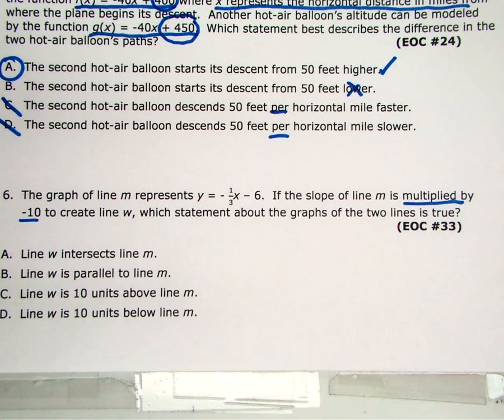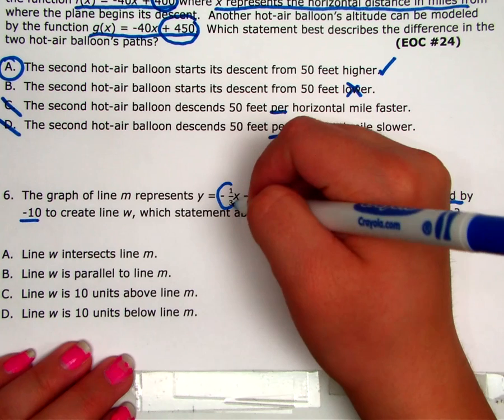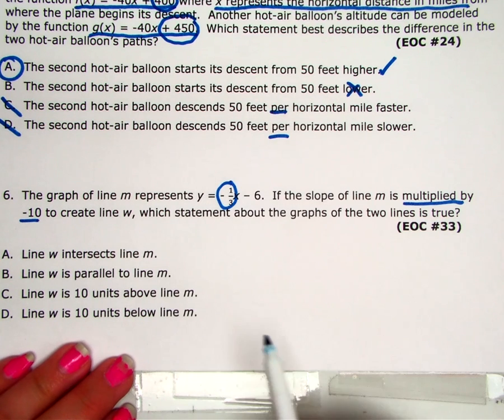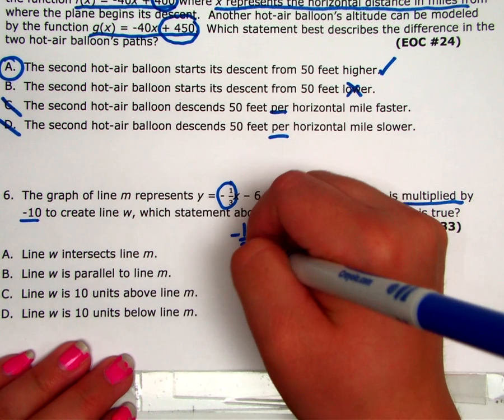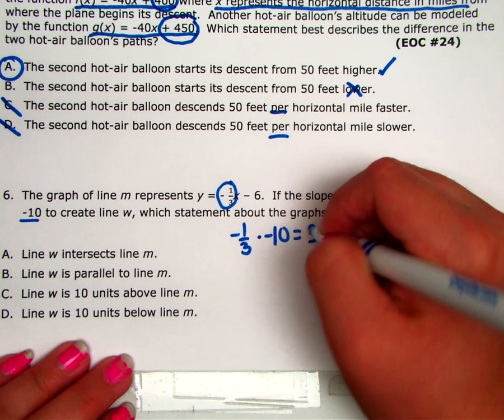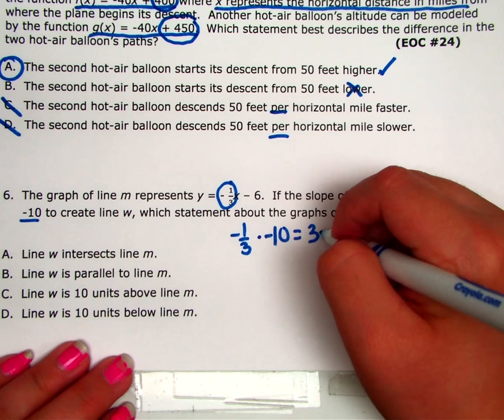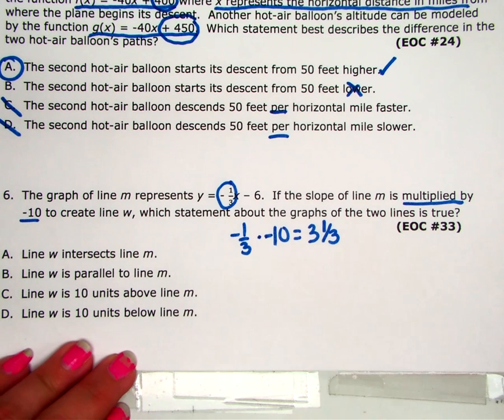We know we're going to multiply our slope by negative 10, and our slope was negative 1/3. So if I multiply negative 1/3 by negative 10, I'm going to end up with a positive, 2 negatives gives me a positive, 3 1/3, or 3.333 repeating. So that's my new slope.